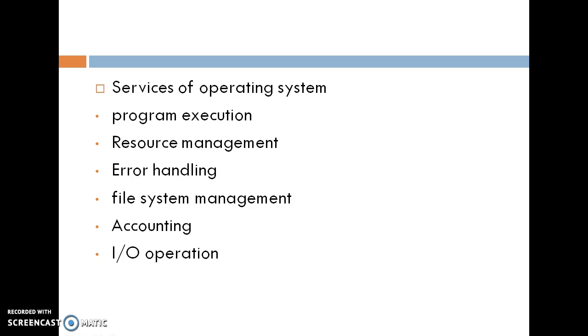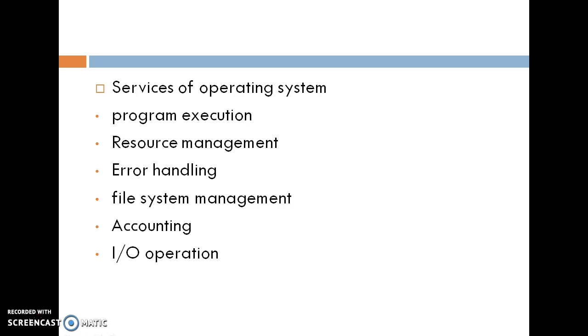For example, suppose you want to take the printout of your biodata, and when you give the command to print the biodata, if there is no paper in the printer, you will get the message that there is no paper in the printer. So this is an example of how the operating system is constantly aware of the errors occurring during the execution of the program.